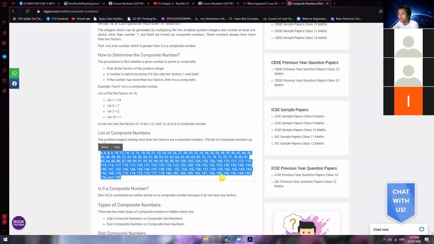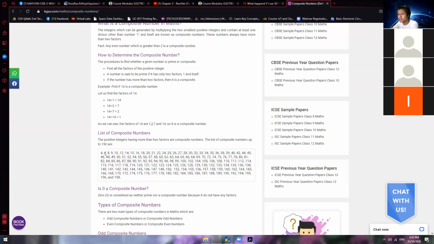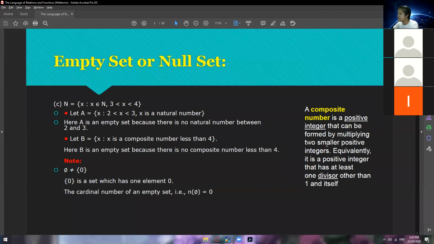So lahat yan, there's more than 2 dividend, either from itself and then by 1. Okay. So like 4, which is can be divided by 2. Pero hindi mo siya mapo-form. There is one thing na hindi mo siya mapo-form because it says here, it is a positive integer that can be formed by multiplying 2 smaller positive integers. 2 smaller positive integers.